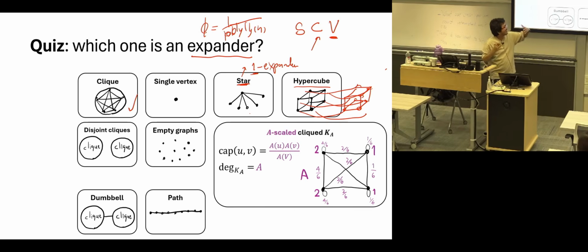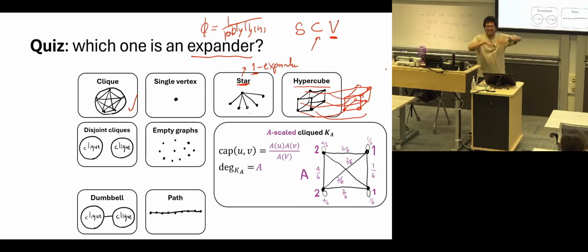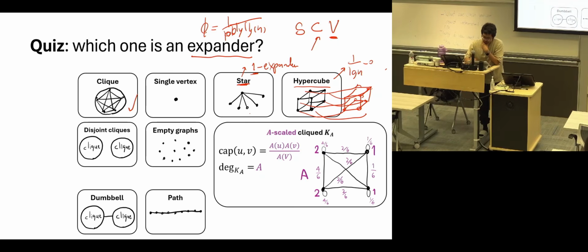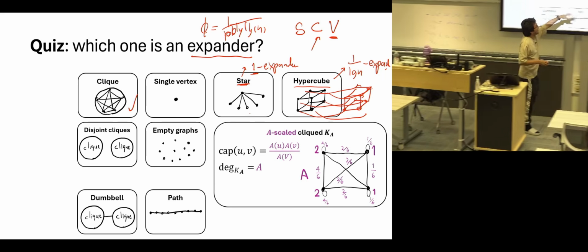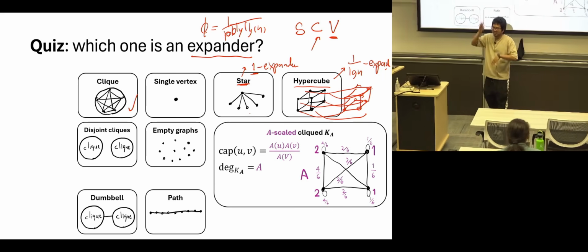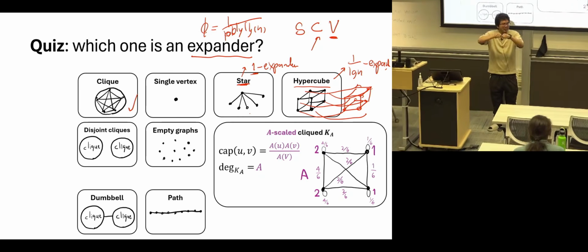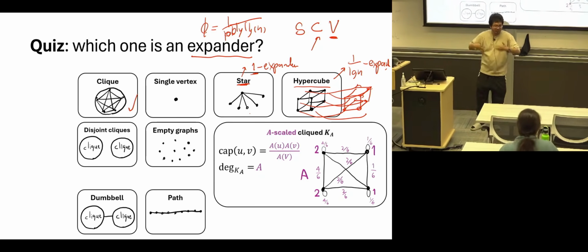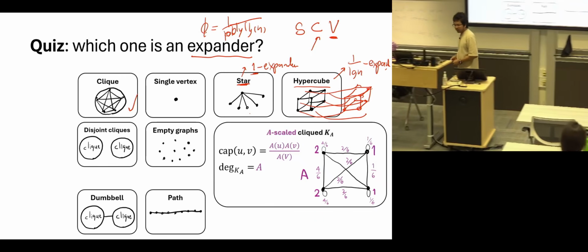And once you make this, you can double this again and so on. That's a hypercube. And it turns out that the hypercube is a 1/log expander actually. So it is an expander too. This is not easy to see, but you kind of feel it from the picture that it's quite well connected. You cannot easily find some cut where you cut a few things and it separates in a big way.